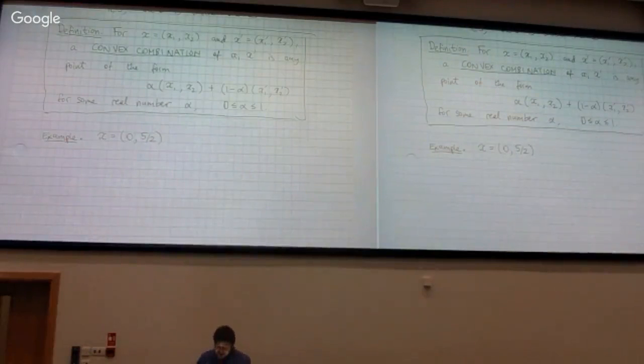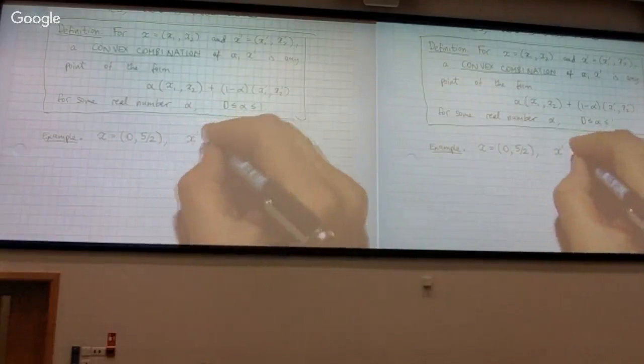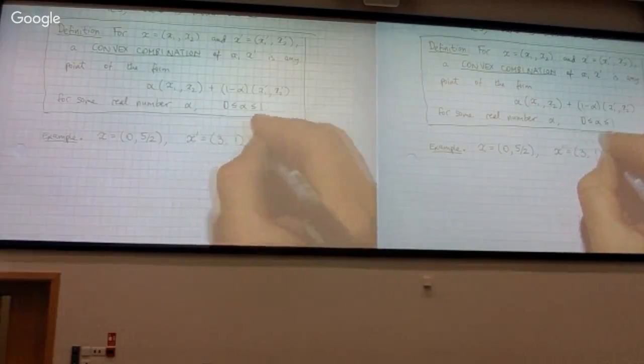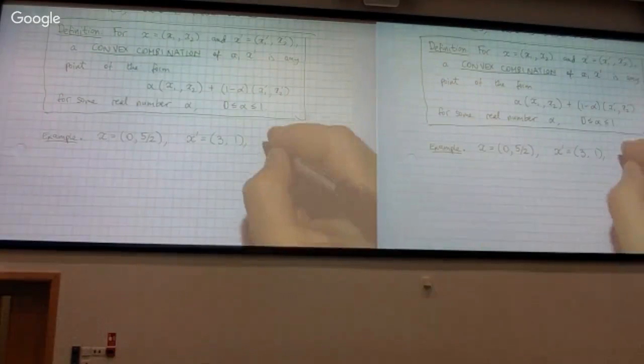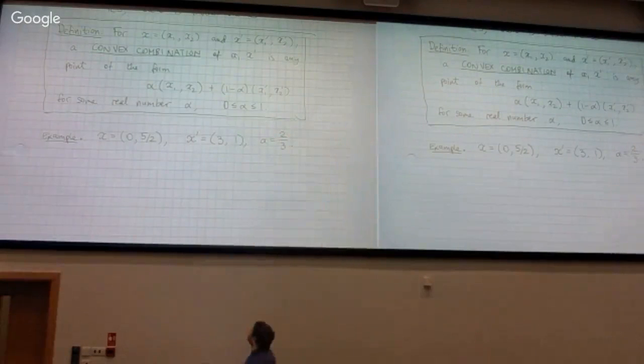That was our first optimal solution. And x dash is 3 and 1. And completely randomly, I pick alpha to be something between 0 and 1. So let's say 2/3. Okay.